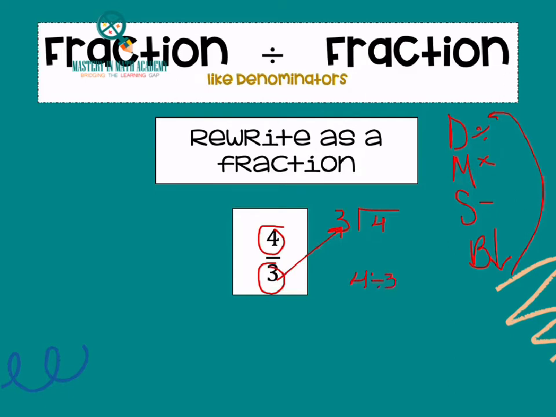How many times can 3 go into 4? We know that it goes one time and it also leaves a remainder. But let's work step by step. You divide, and we know that 3 times 1, that's where our multiplication comes in, 3 times 1 is equal to 3.